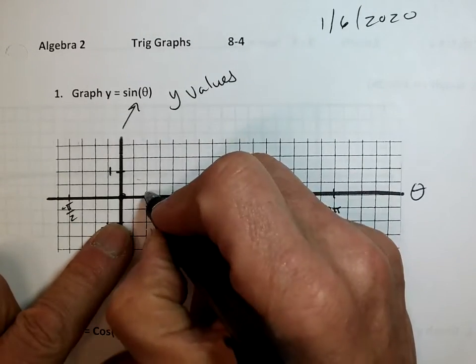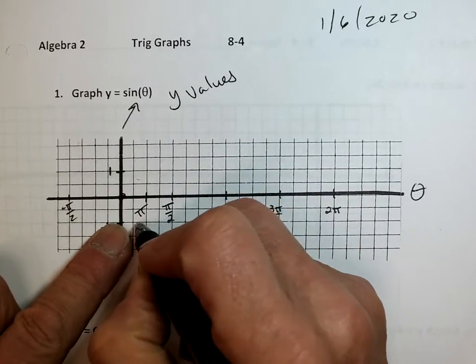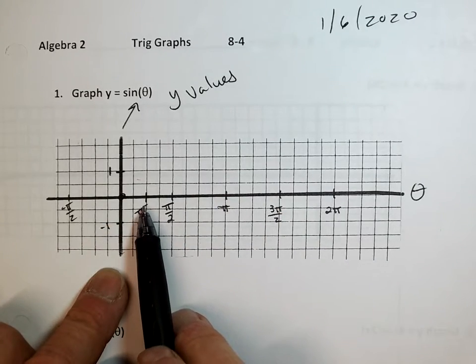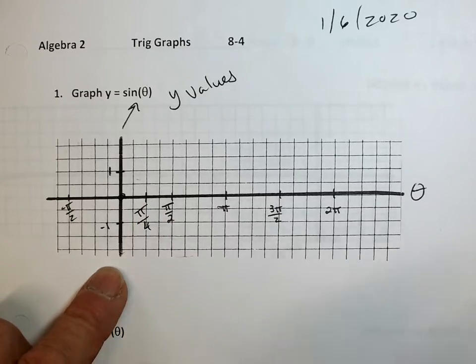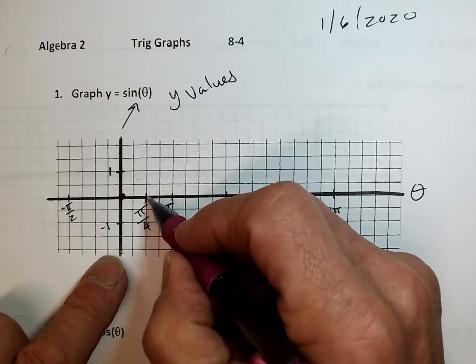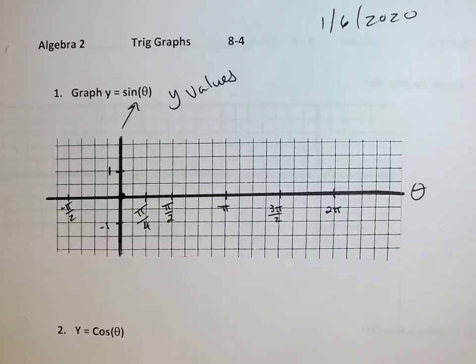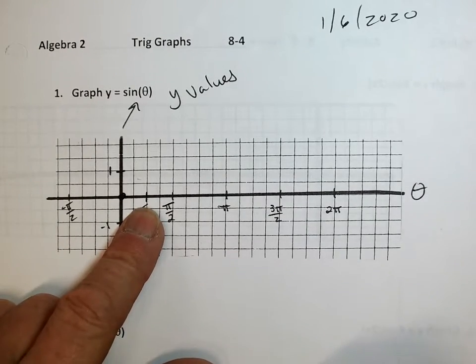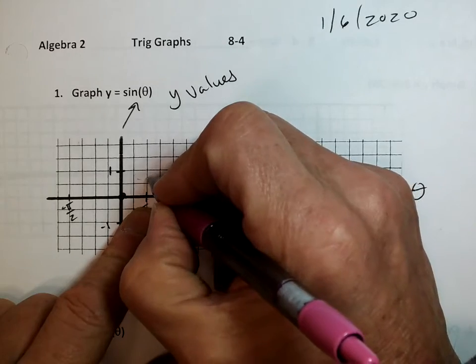Now pi fourths on this graph, as far as the scales, would be there. So I've got a value at 0. At pi fourths, my sine is square root of 2 over 2. You have that chart in front of you. Square root of 2 over 2 is about 0.707, and we'll just say 0.7 is good enough for us. So I'm going to go up to about 0.7 and put a dot.